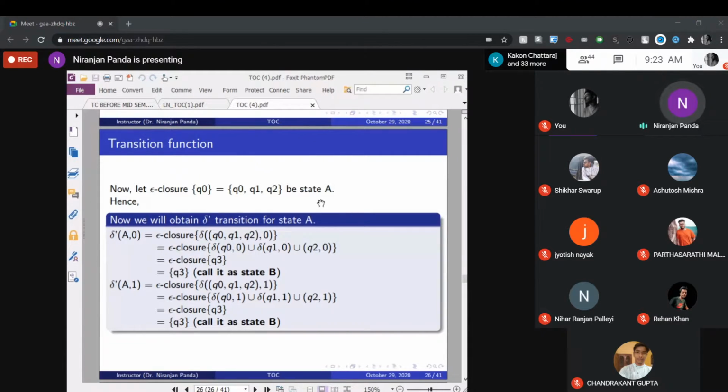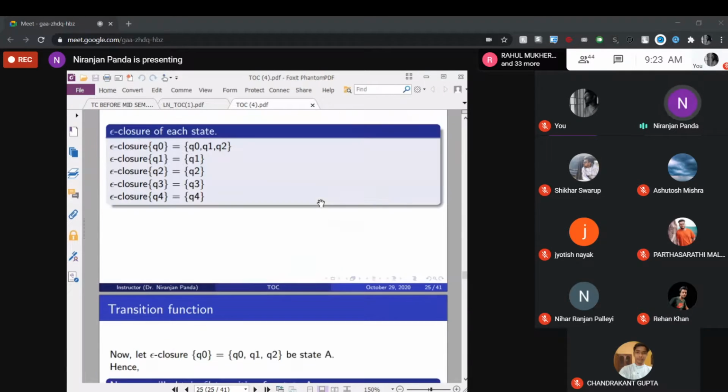Rule number 1, try to remember: whenever I am converting an NFA epsilon into a DFA, the initial state of the DFA is the epsilon closure of the initial state of the NFA. Repeating again, the initial state of the DFA is the epsilon closure of the initial state of the NFA.